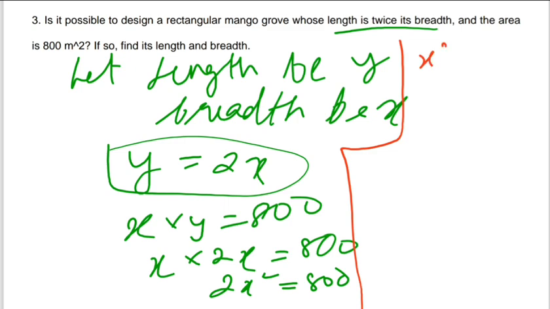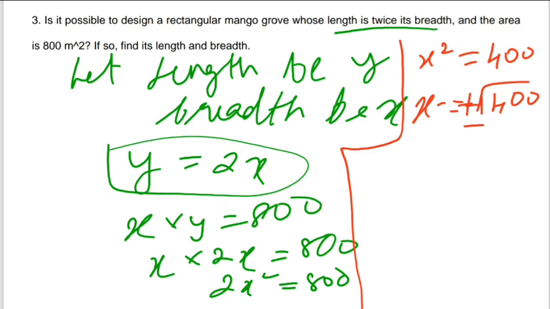If we take 2 to that side, we will be getting 800 by 2, that is 400. So x will be equal to, square goes to that side, it becomes root 400. And we should not forget to add plus or minus. Plus or minus root 400. This is the value of x.